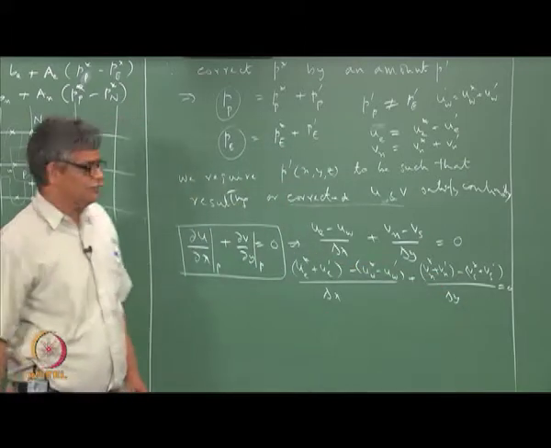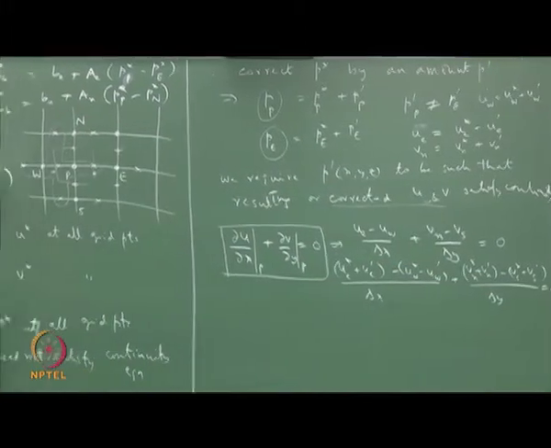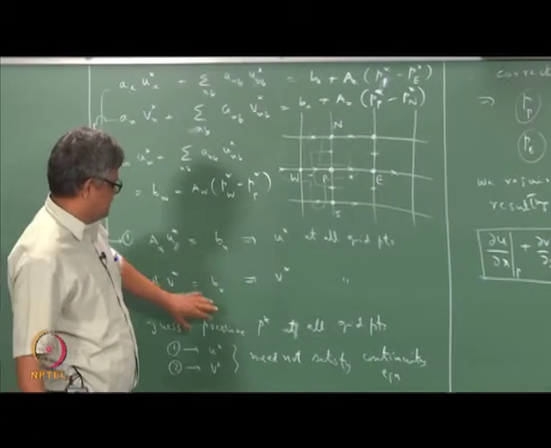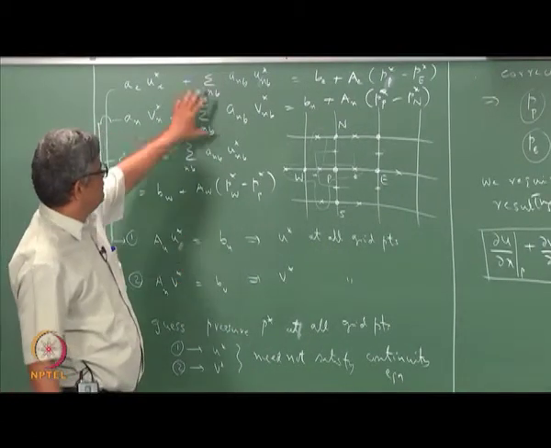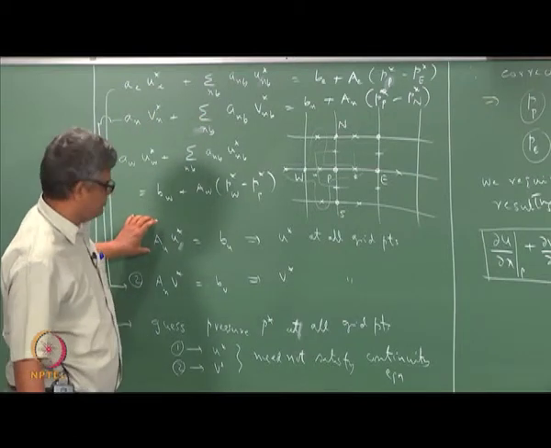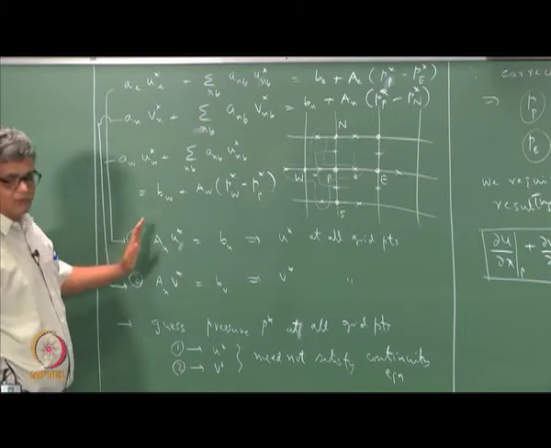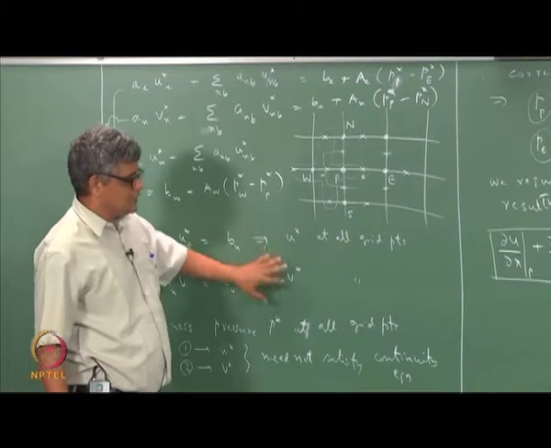In this equation all the starred quantities are already known, because we started with a guessed pressure p star, and then we solved the discretized x momentum and y momentum equations to get u star and v star at every point.